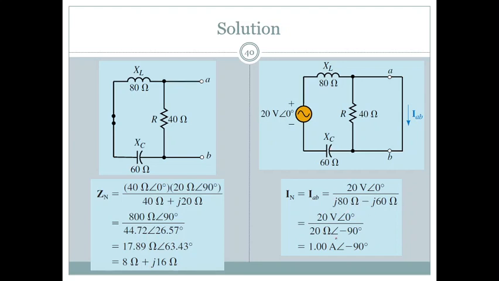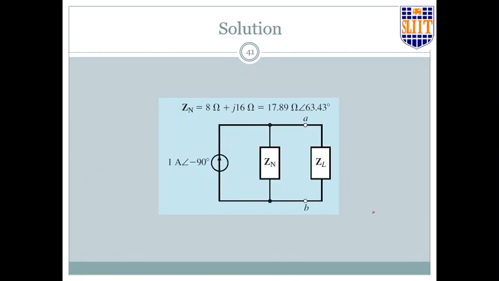You don't have to go through this step again. You just divide 20 by j20, and you will get 1 ampere angle minus 90. So it's just a matter of using complex numbers in here. Solution is this, and you can then do any calculations as you wish.